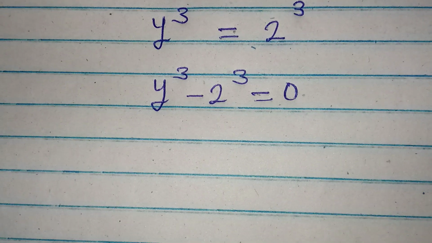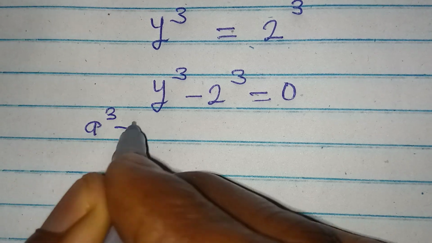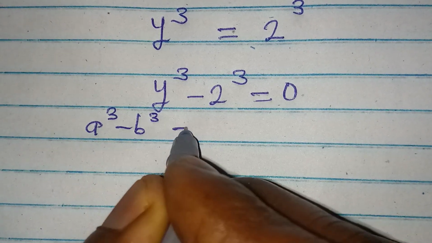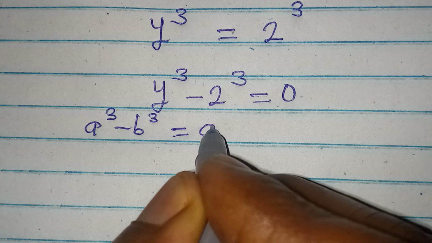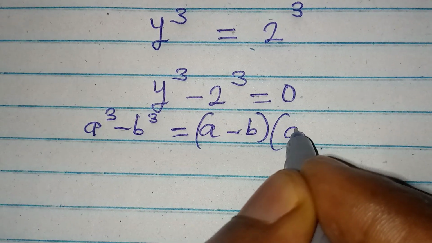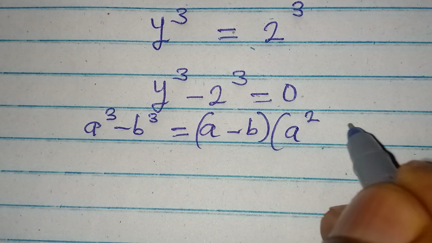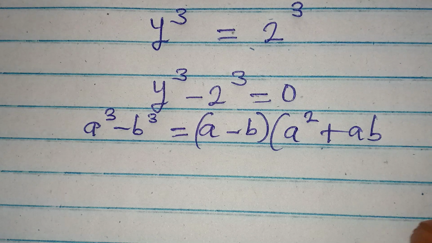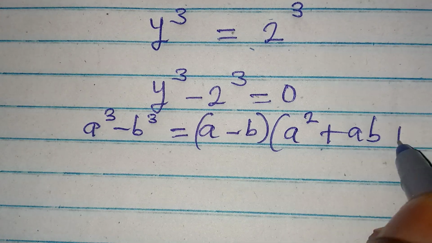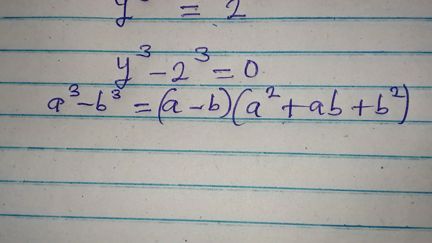And then remember this standard that if you have a to the power of 3 minus b to the power of 3, this is the same thing as a minus b into bracket a to the power of 2 plus ab, then I have plus b squared, right? So this is what I have.